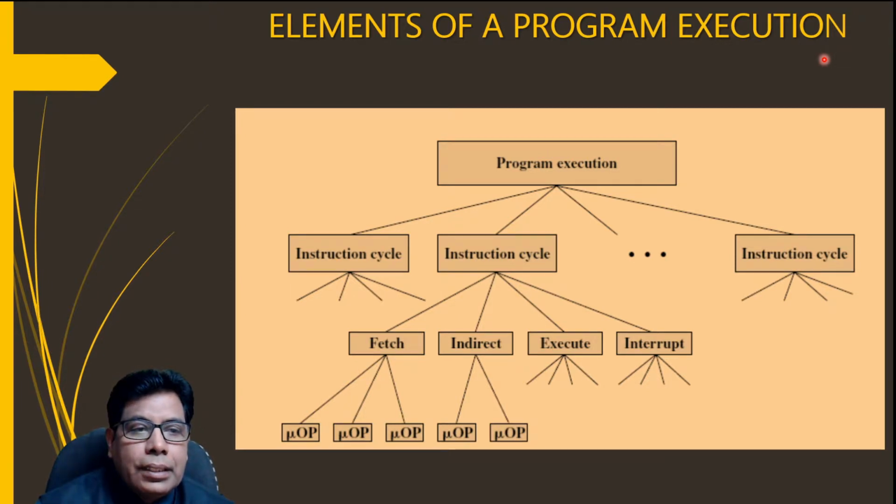It is done with the help of different instruction cycles. Each instruction will have its own instruction cycle. This instruction cycle consists of the fetch, indirect, execute and interrupt cycles.